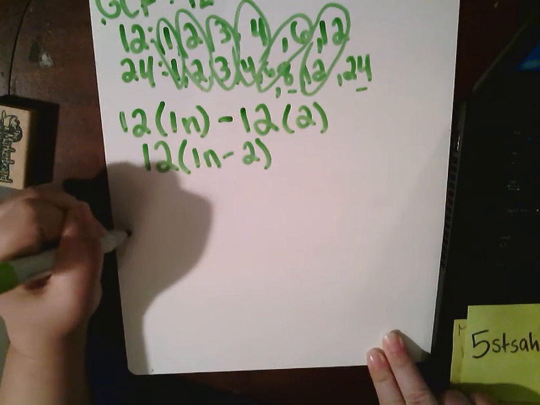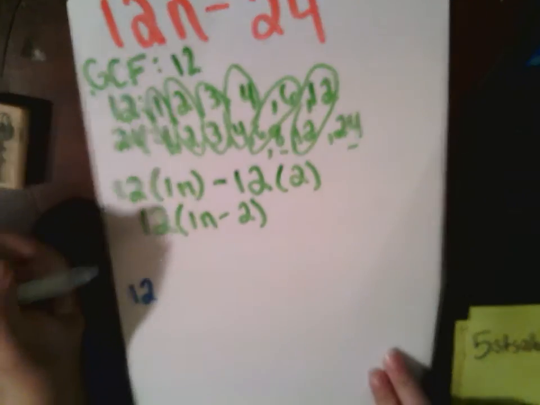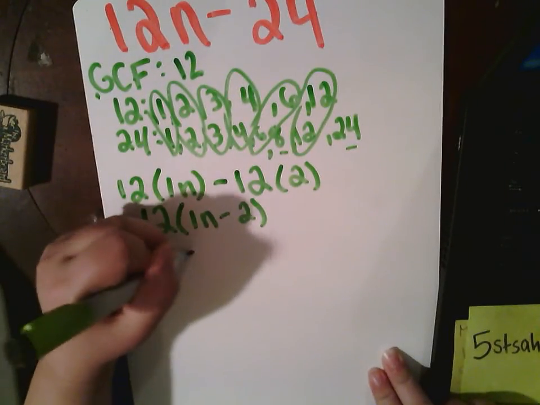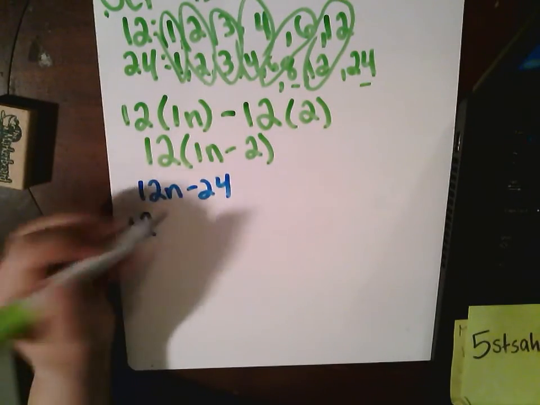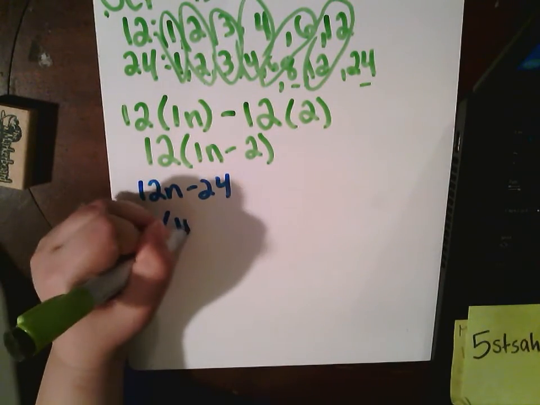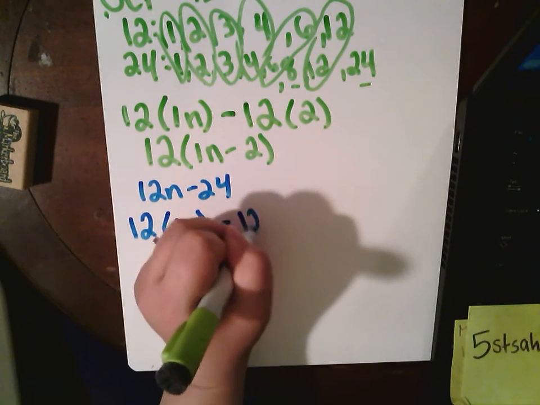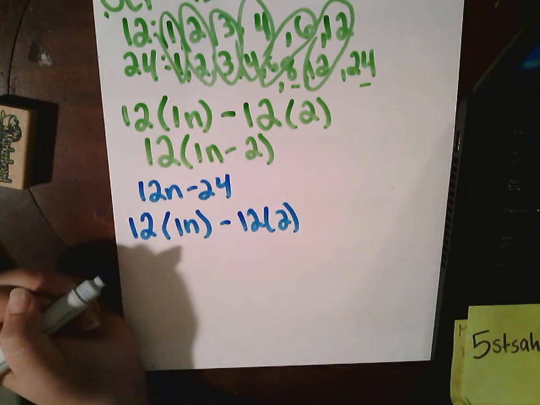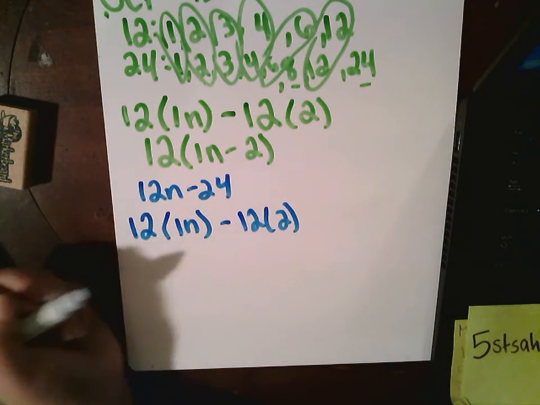So if I have 12 as my rational number, and I say 12n minus 24, I say 12 goes into 12n 1n times. 12 goes into 24 2 times. And remember, when we did this yesterday, we did it with fractions.